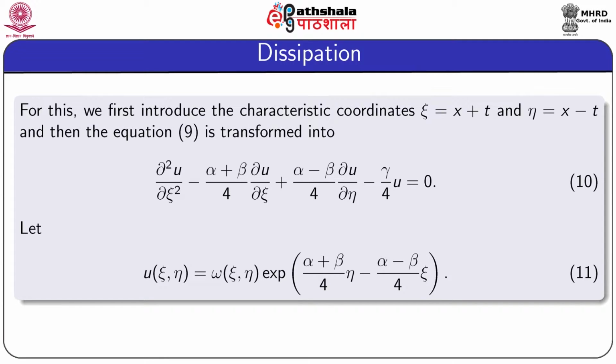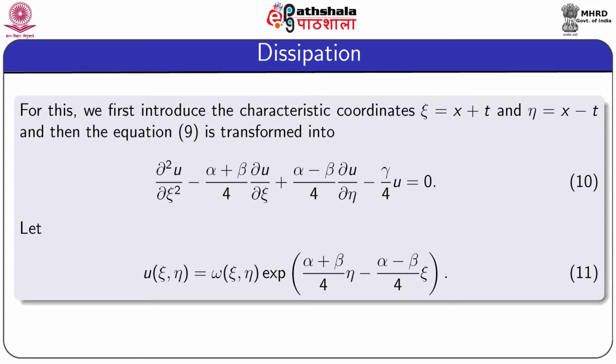Now, we give a transformation to the dependent variable: u = w · e^(((α + β)/4) η − ((α − β)/4) ξ).